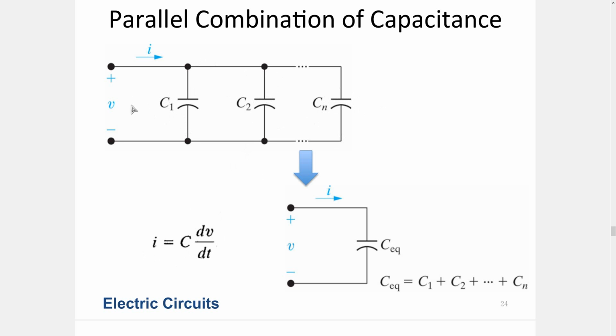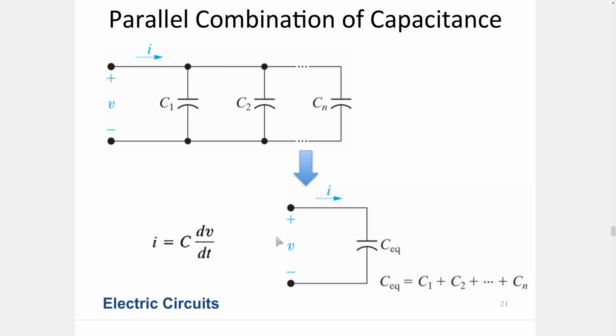Since all the dV over dt's are the same because we have the same voltage across all the capacitors, we can simply add the currents according to Kirchhoff's current law at this circuit node. So the total current will be I1 plus I2 until In, and it means that it is C1 plus C2 plus C3 plus to the Cn times dV over dt.